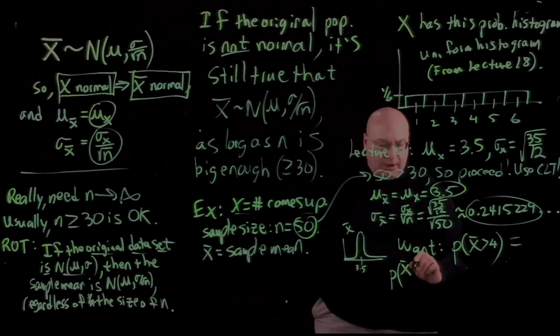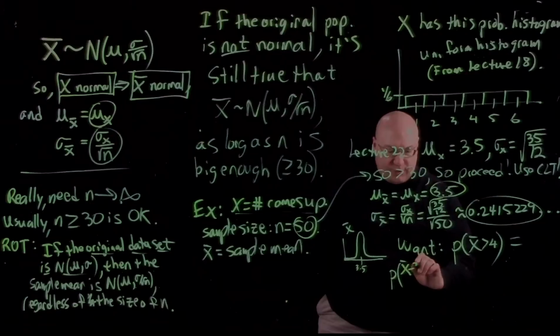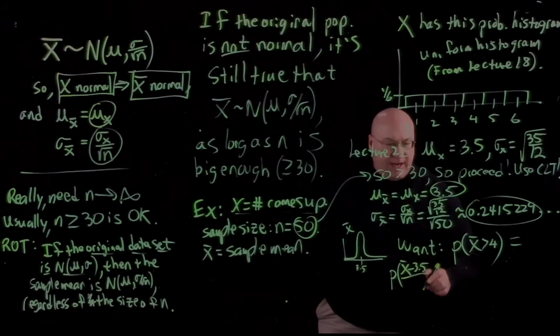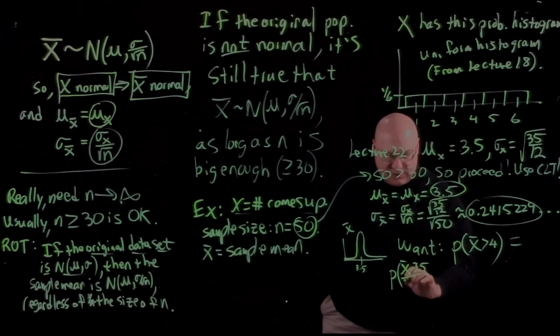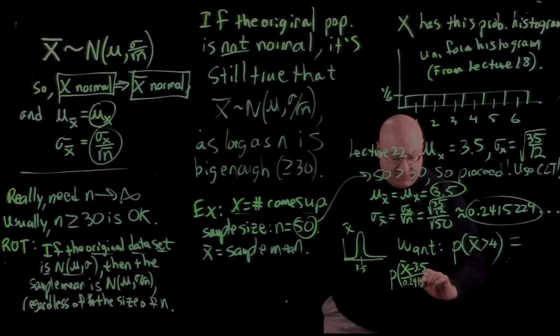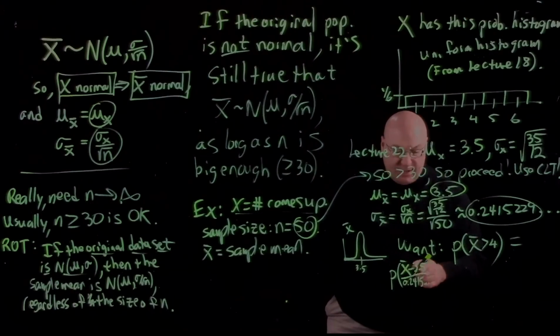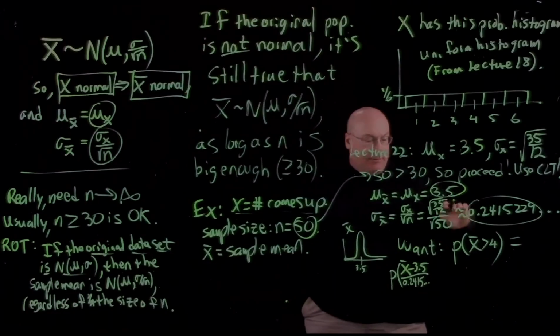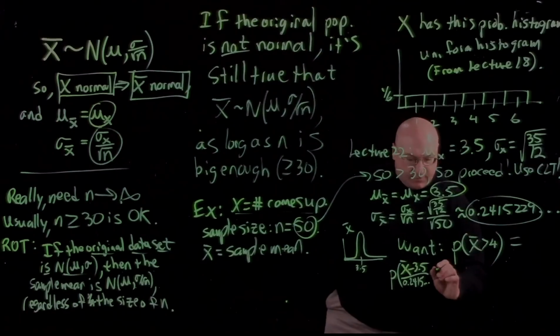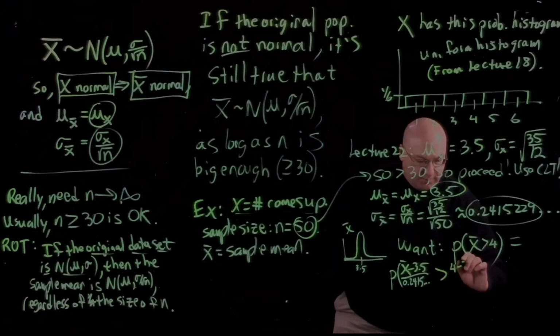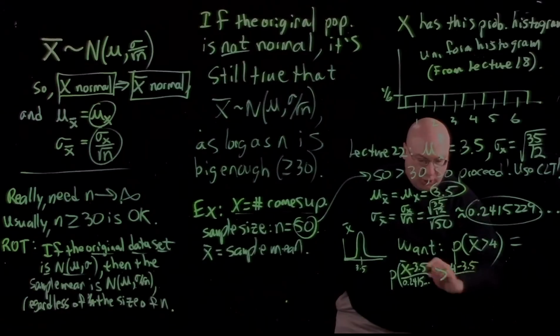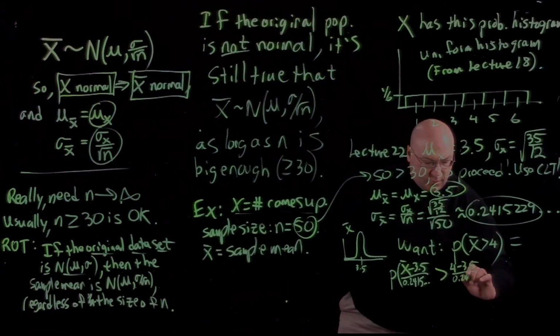I want x bar minus the mean, 3.5, divided by the standard deviation, which is this 0.2415... In your calculator, I keep as many digits as I can. And I want the probability that it's greater than 4 minus 3.5 over this same thing.